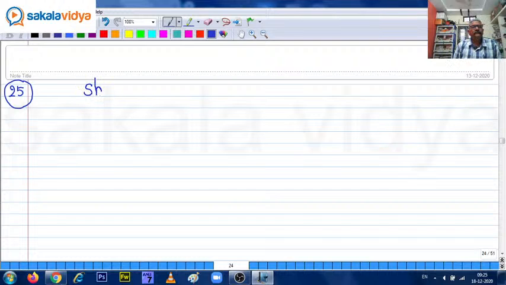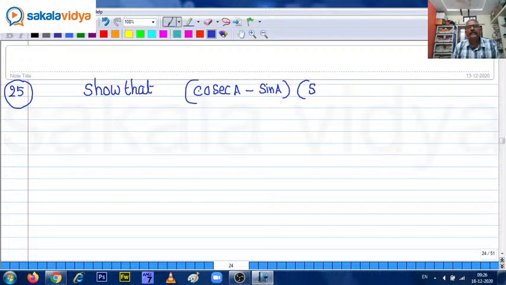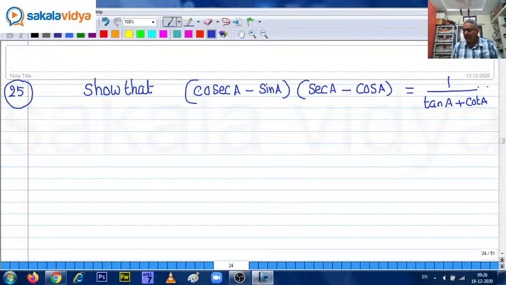Show that (cosec A minus sin A) multiplied by (sec A minus cos A) equals 1 upon tan A plus cot A.